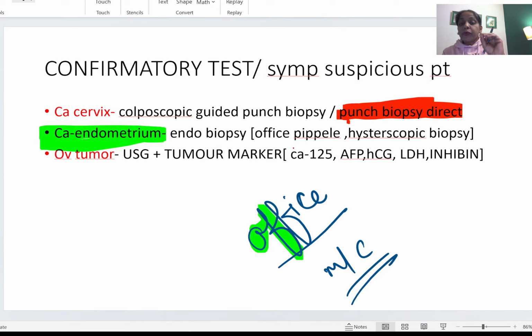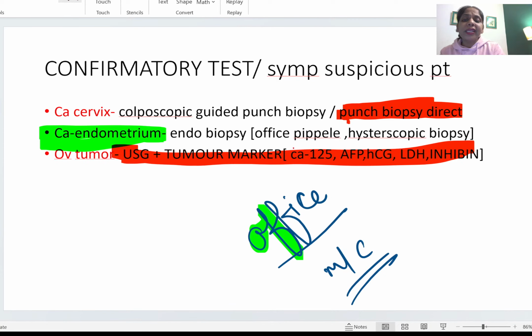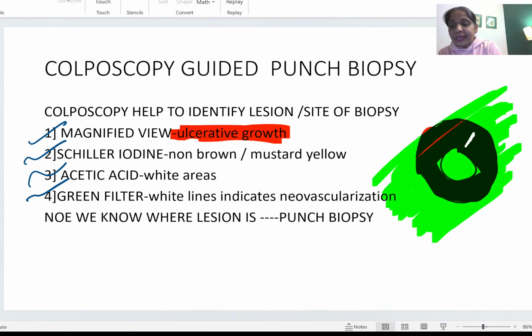Okay. For the ovarian tumor, we undergo ultrasound and we order tumor markers. I already told you that in ovarian tumors, the biopsy is done at last.